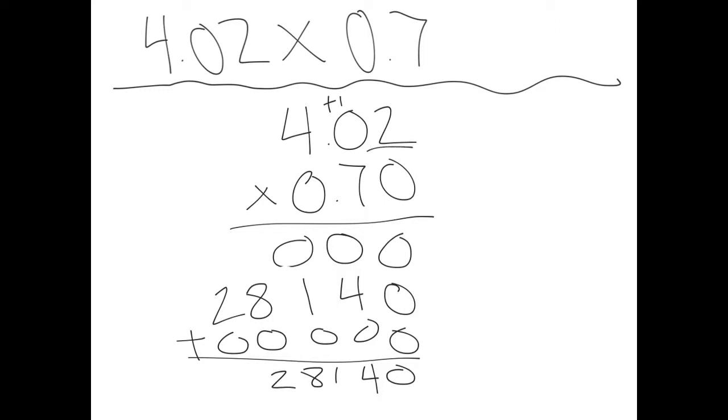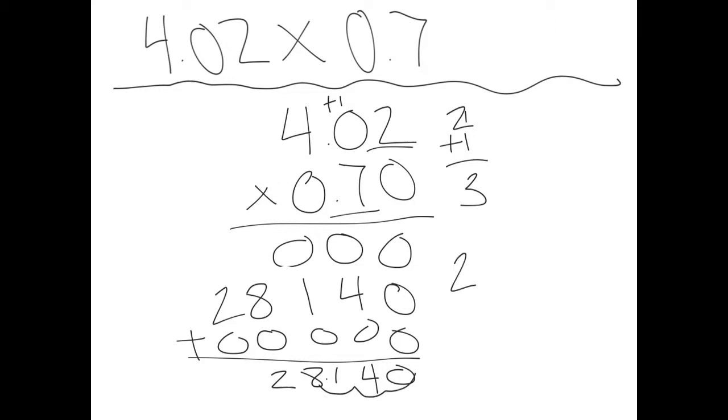So we've got two real numbers, so we're going to add 2 plus 1, which is 3. So we're going to move the decimal.